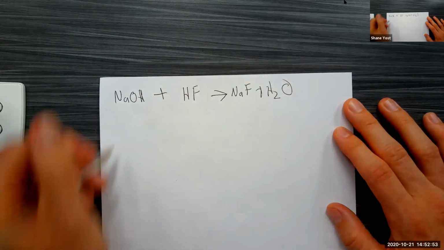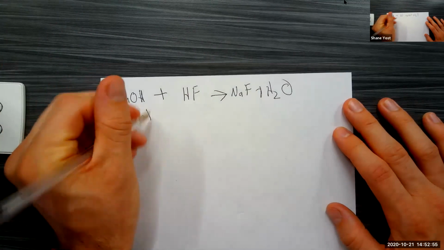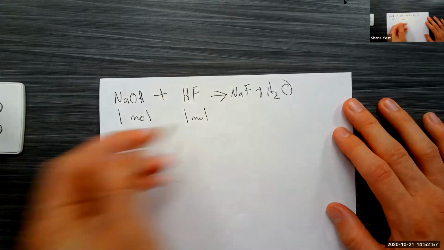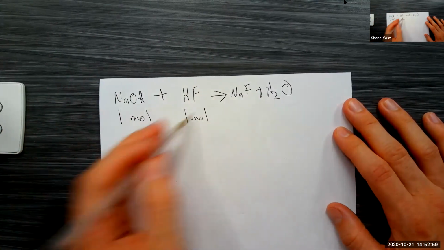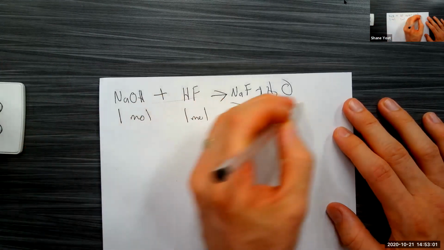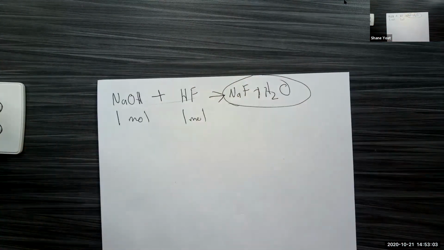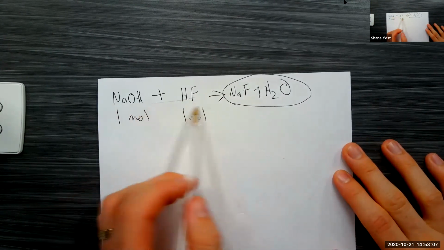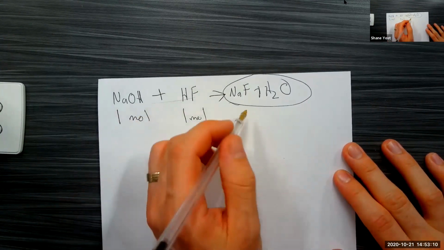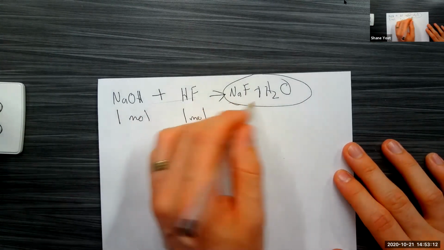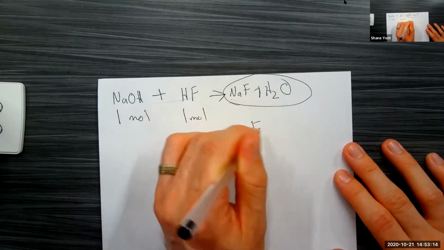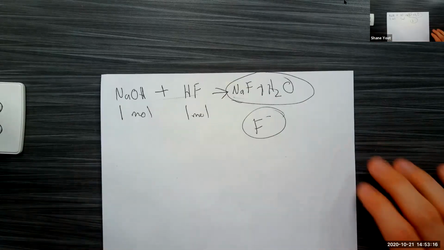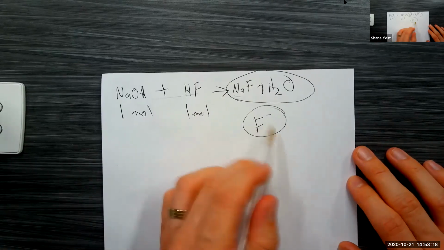Now, if I add 1 mole of this and 1 mole of that, they will both fully react, and I will get nothing left of this, and I will just have that left in solution. So a solution that contains equal molar sodium hydroxide and hydrofluoric acid is just going to contain sodium fluoride in solution, which is just fluoride ions that can potentially affect the pH.